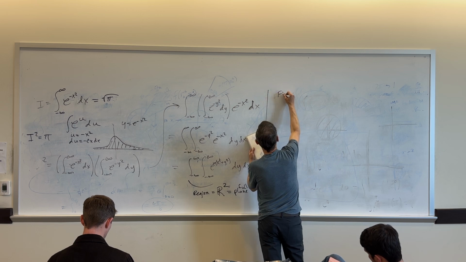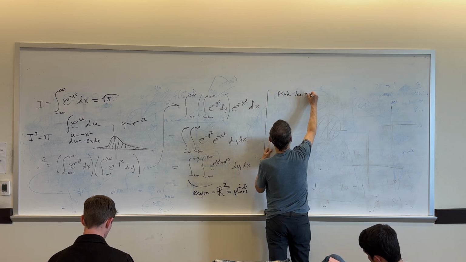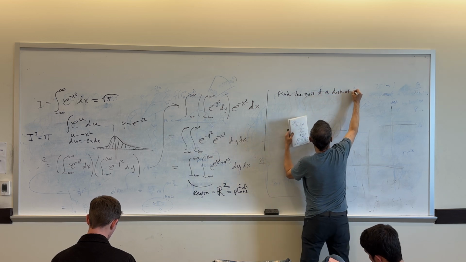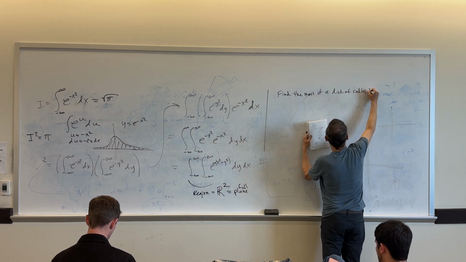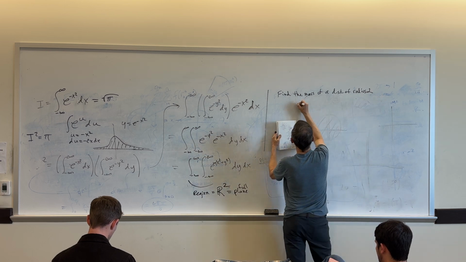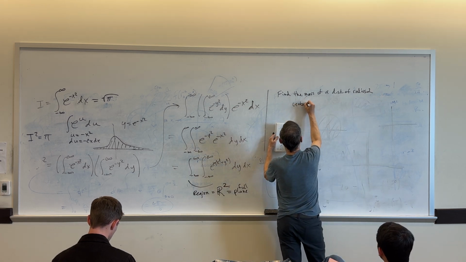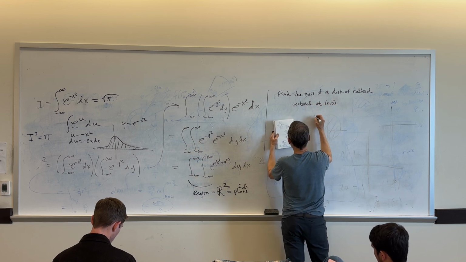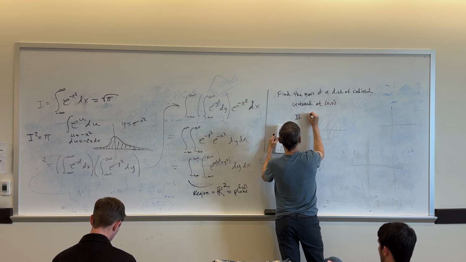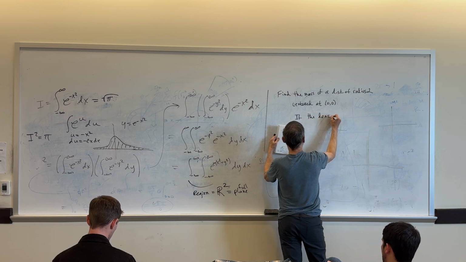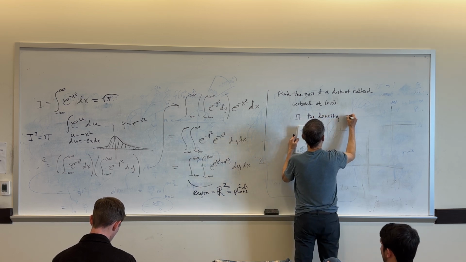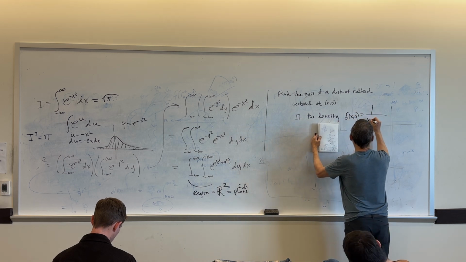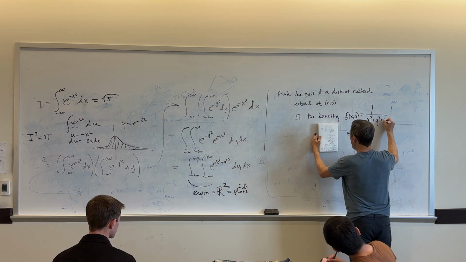So find the mass of a disk of radius 2 centered at the origin if the density delta of x, y is given by 1 over x squared plus y squared plus 1.